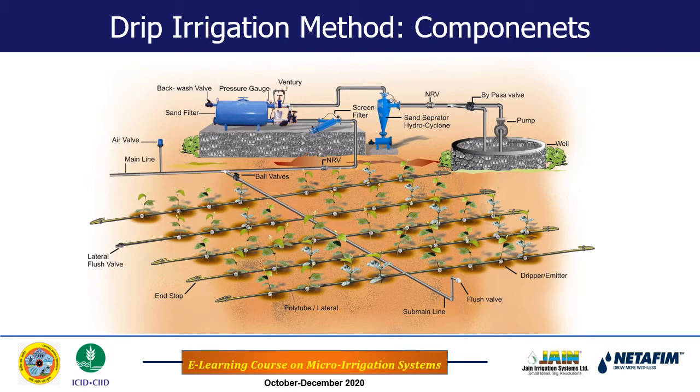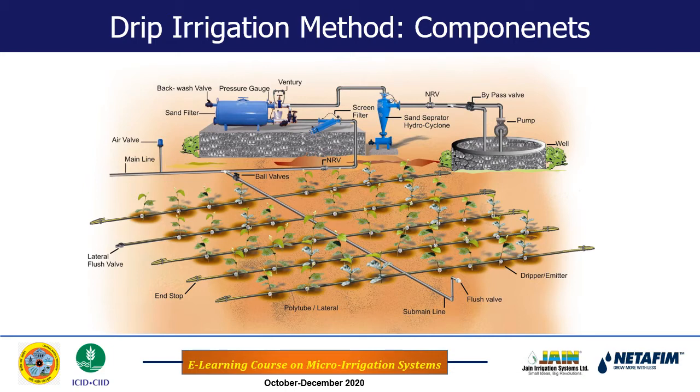If there is any excess water, we need to bypass it again into the water source, because we don't want to allow the excess water to enter into the system and cause any wastage of water. For this purpose we should have a certain arrangement to bypass the excess water, and this arrangement is provided with the help of the bypass valve, which is shown here just near the pump.